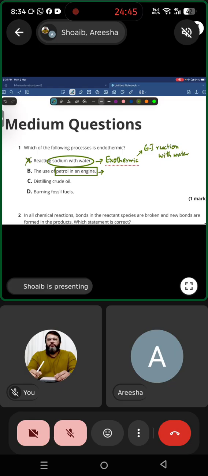So the petrol will produce heat energy, and all heat energy producing reactions are exothermic. The type of reaction done in the engine is a combustion reaction, and all combustion reactions are exothermic reactions. We are searching for the endothermic here.